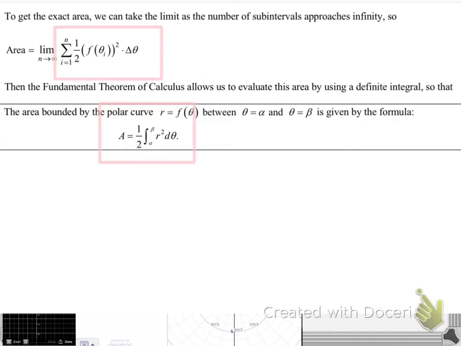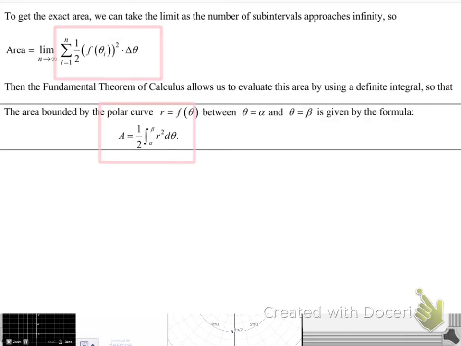So if you know the formula, you're fine. It shouldn't be that stressful to you. It might be a little bit foreign, but the next bit is where people start having problems.